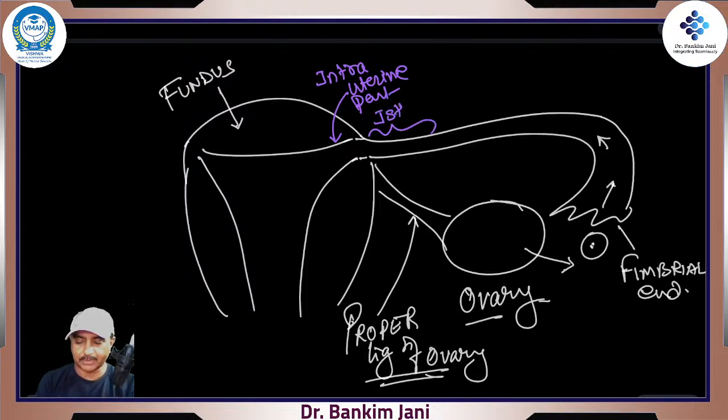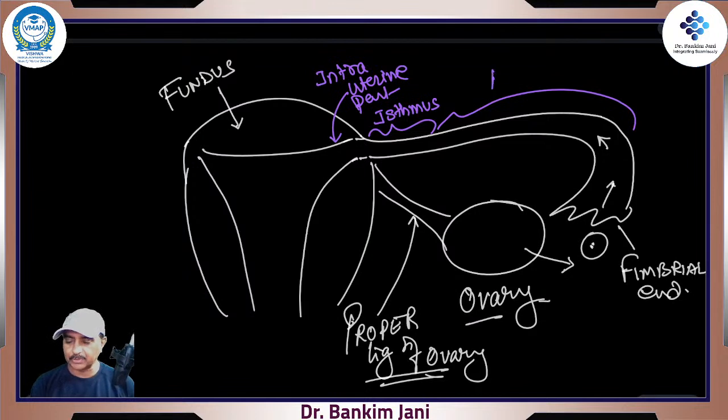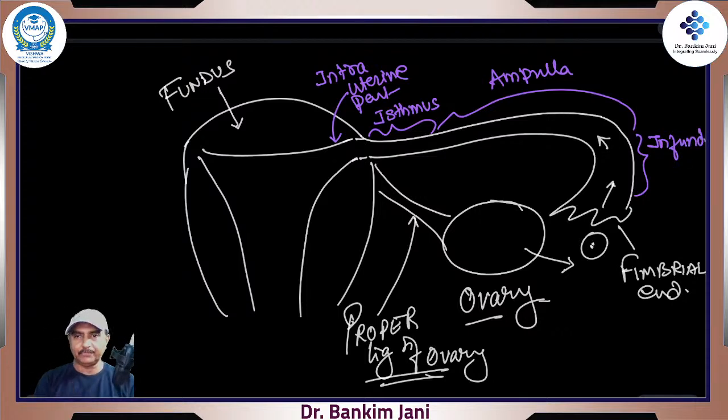And then all the way up to the end, this one is what is called the ampulla, right? And finally, this portion which is called the infundibulum, right? Infundibulum. And finally, the fimbrial end. So that's how the ovum starts traveling and it reaches that point.